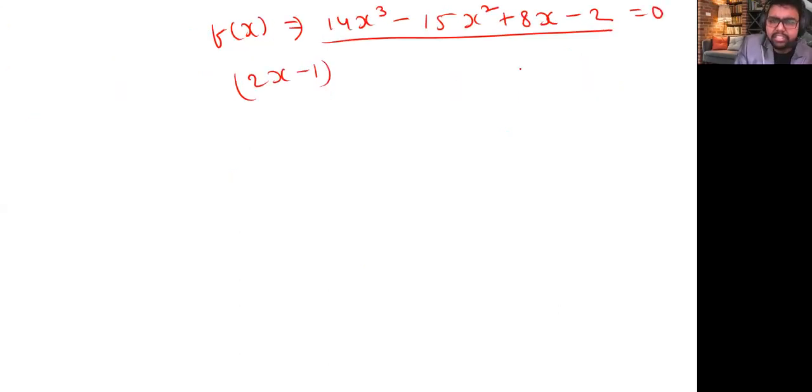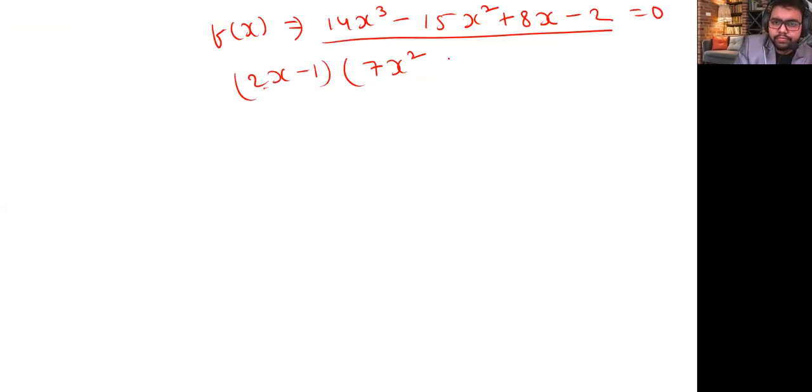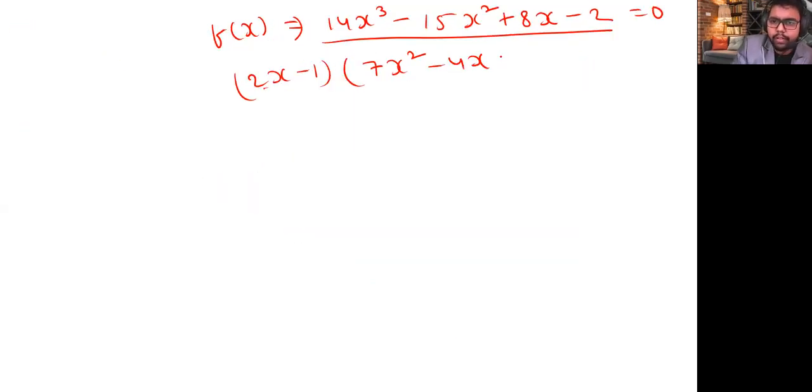I have factorized this as (2x minus 1) times (7x square minus 4x plus 2), and now I have to solve it equal to 0.